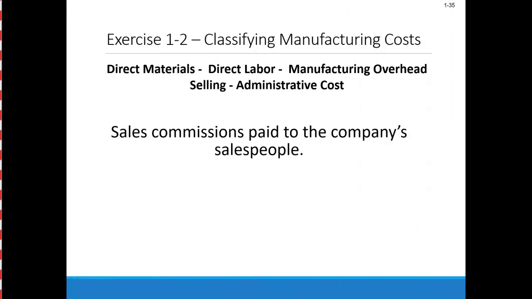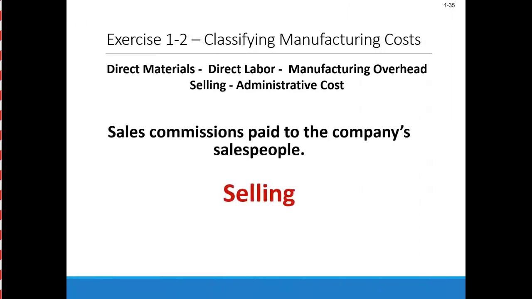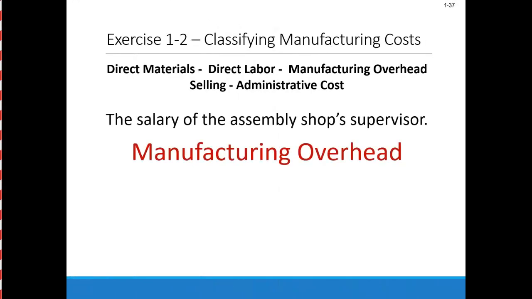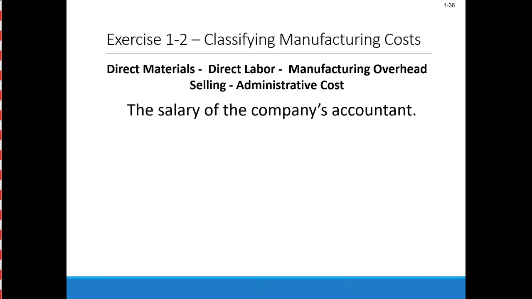Selling, right? Next, the salary of the assembly shop's supervisor. It's not a direct labor, is it? Wouldn't that be under manufacturing overhead? Am I losing you guys? Is it kind of clicking? Next, the salary of the company's accountant, administrative, wouldn't it?